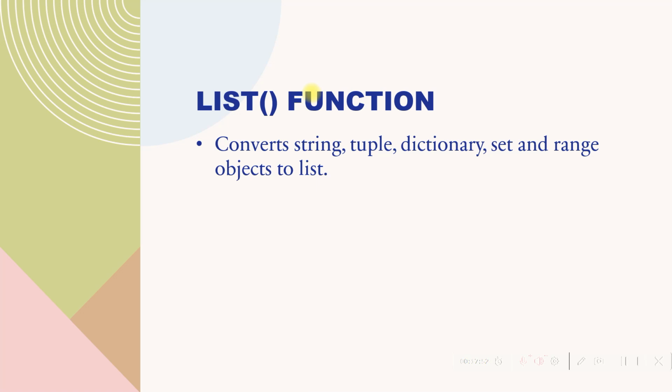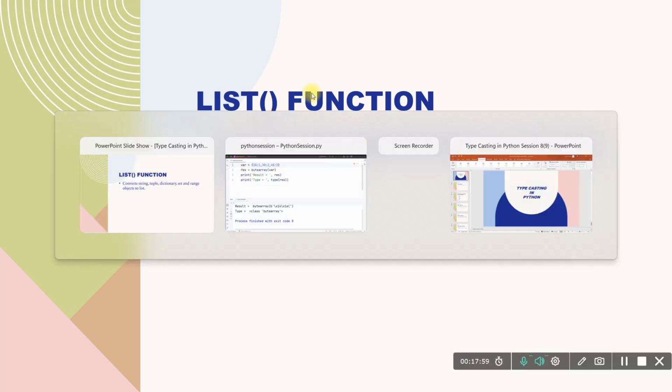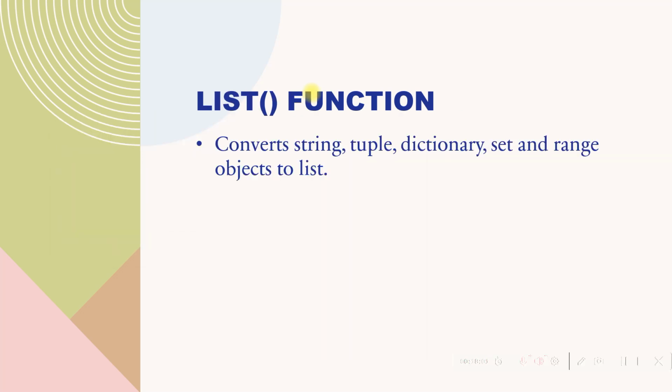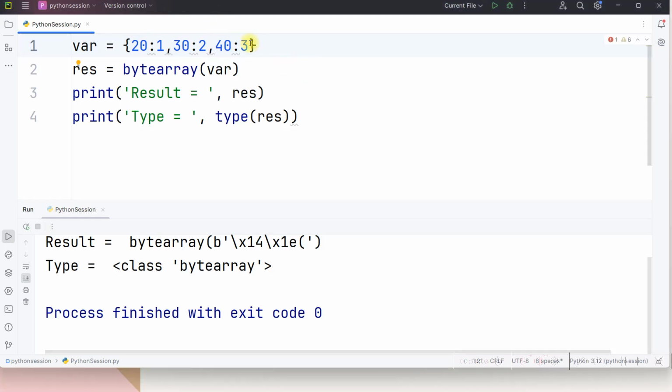Okay. Now the next function is the list function. What it does is convert string, tuple, dictionary, set and range objects into a list. Now let's see in PyCharm. Okay, so let's say I declare this variable as a string.